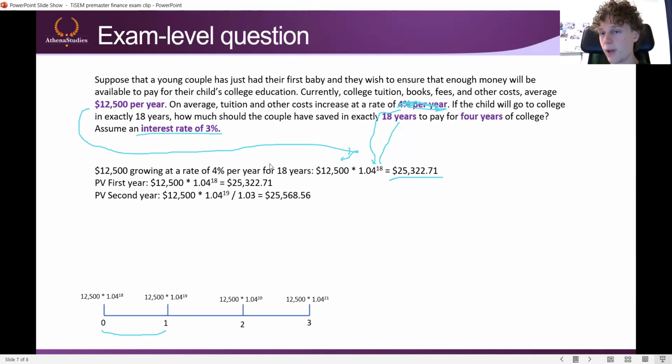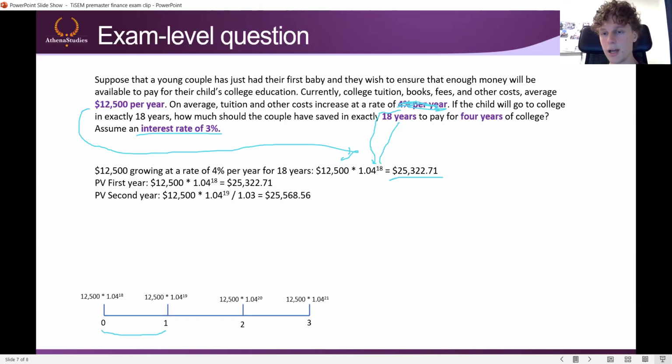And we don't have a 2 here because only 1 year has passed. So we raise it to the power of 1, which is of course the same. And when you fill it in, you have the present value of the second year, which is $25,568.56.